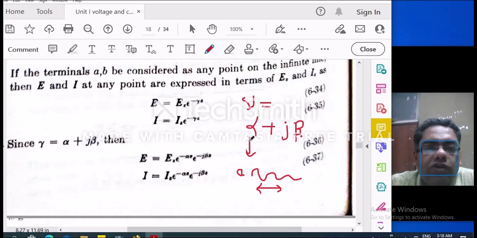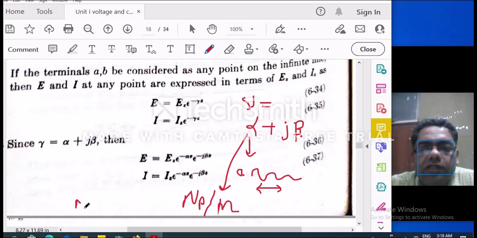The unit of alpha is generally written in Nepers per meter. Neper is the unit of the attenuation constant alpha.